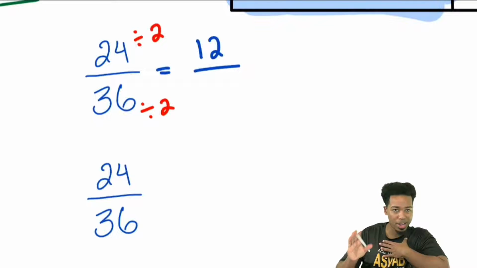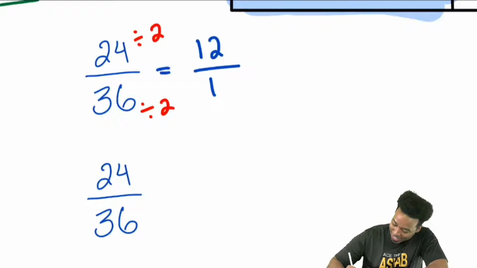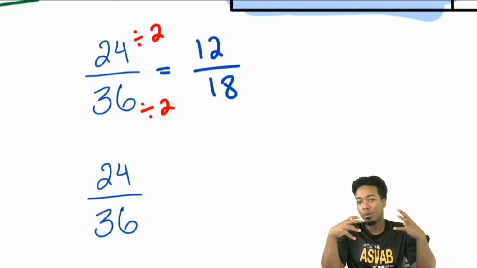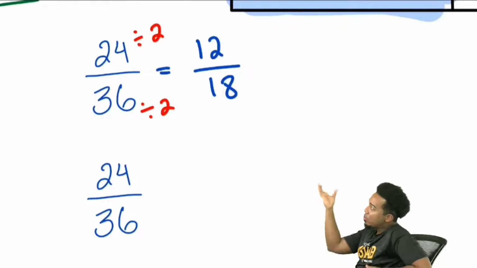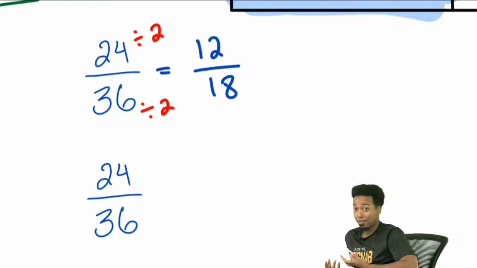So if you weren't quite confident there, don't worry. Take it as a fact. 36 divided by 2 is 18. Now, everybody, here's what we mean by simplest form. Can we reduce those numbers further? Yes. So if you can continue reducing, you're not as simple as you can make it.